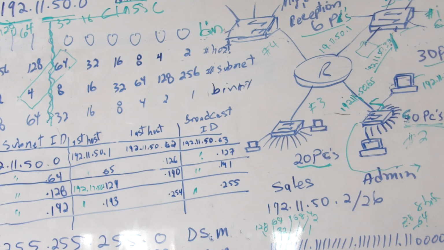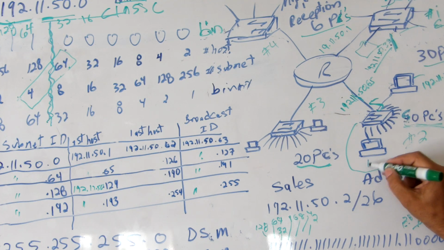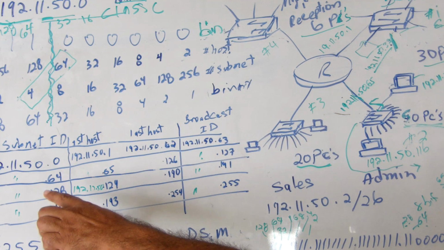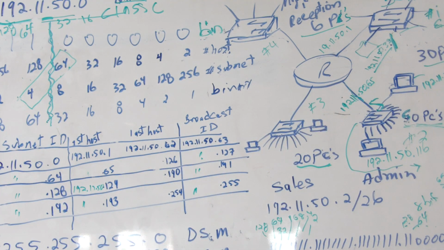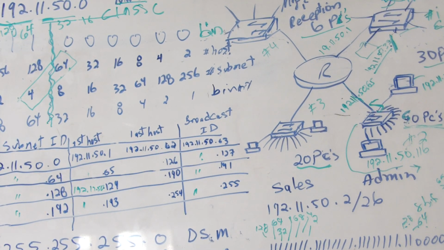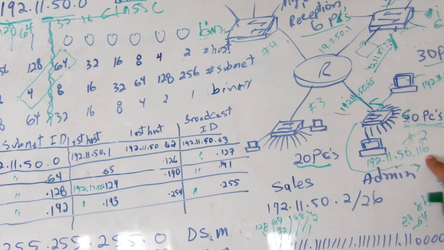Okay, and then 50 of them, the last device's IP address is going to be 66 plus 50, okay, 116. 116 is going to be the last host in this number 2 network. Okay, the last one is going to be this one.